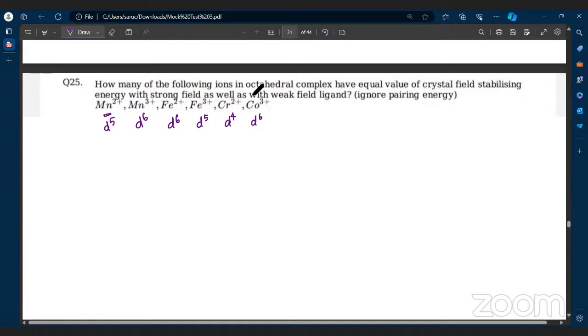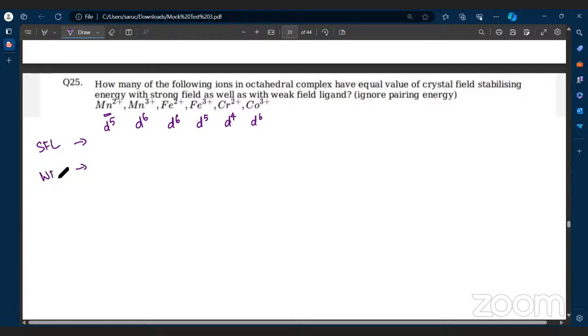So how many of the following ions have equal CFSE with strong field as well as weak field? You have to evaluate what the CFSE will be for strong field ligand and for weak field ligand.